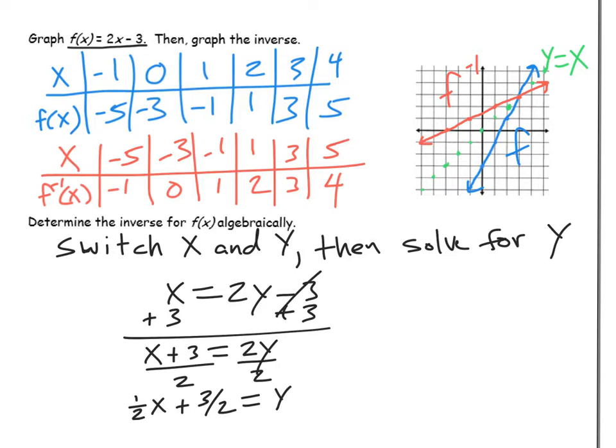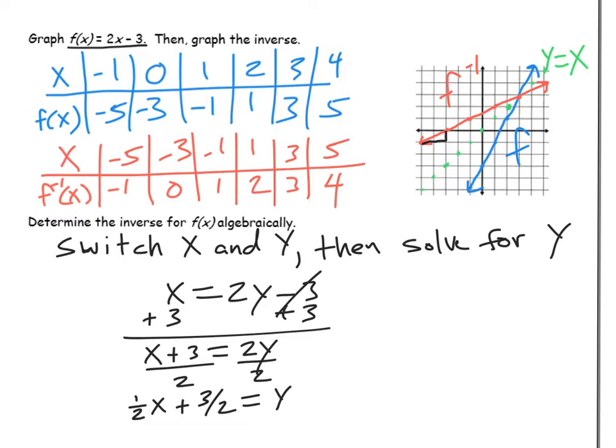Now, if I compare that to my graph, sure enough, in terms of the slope, over 2, up 1, it definitely has a slope of 1/2.